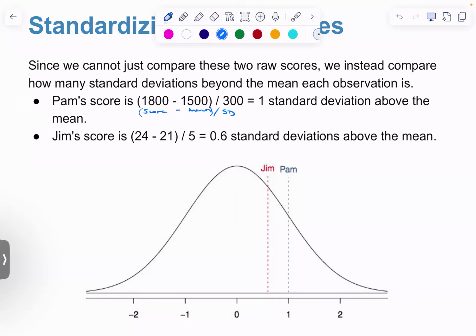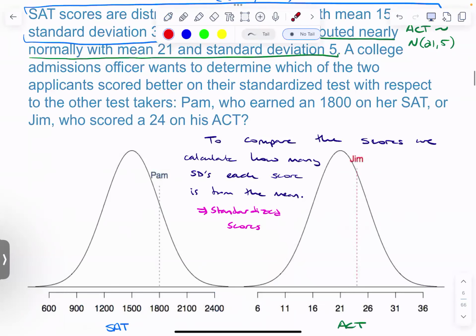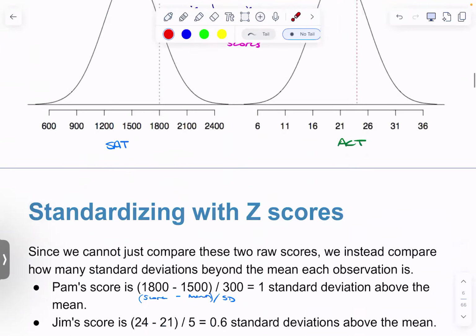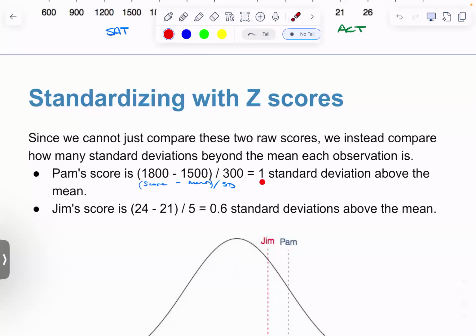Even if you didn't have this math, if I asked you to calculate how many standard deviations Pam's score is above the mean, you would get there. 1800 is how far from 1500, and then I divide 300 into that. It works out to be a nice even one. That's not always the case, but in this case it is. So we find that Pam scored 1 standard deviation above the mean.